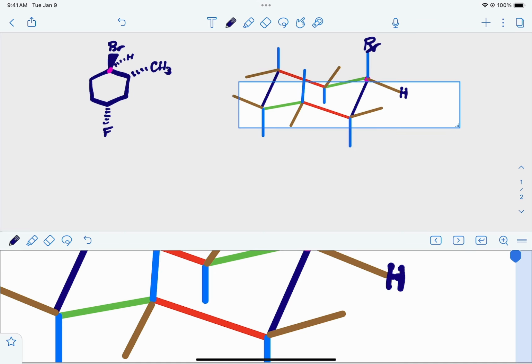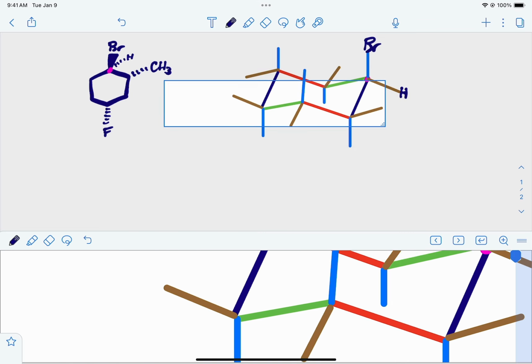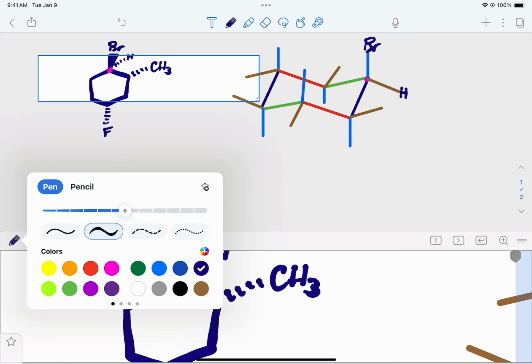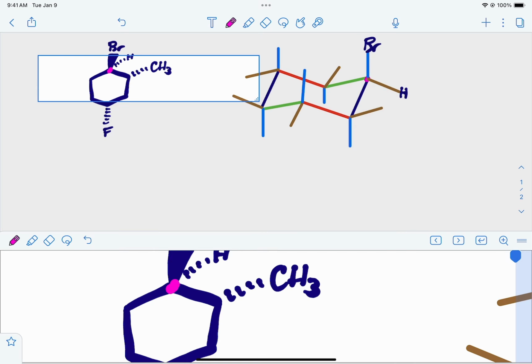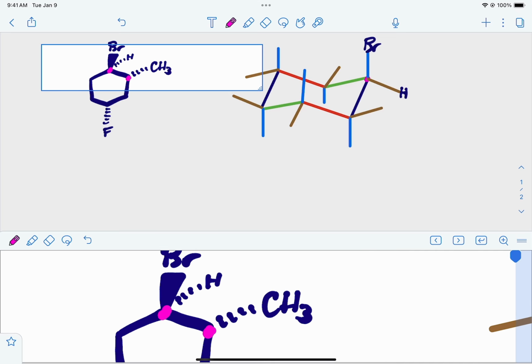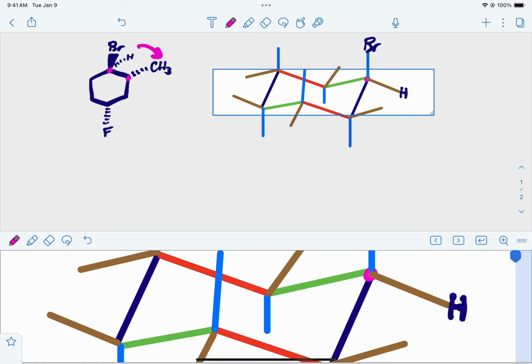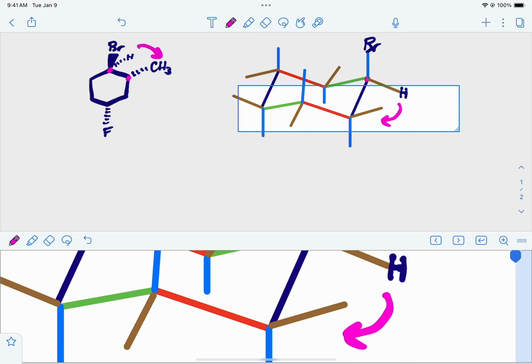Now let's move on. We're going to go clockwise around the ring. You want to be very careful about that. So our next carbon bearing the methyl group is one over, and it's one carbon clockwise around the ring. So same thing here. We're going to go one carbon clockwise around the ring. So this is now the carbon that's going to be bearing the methyl.